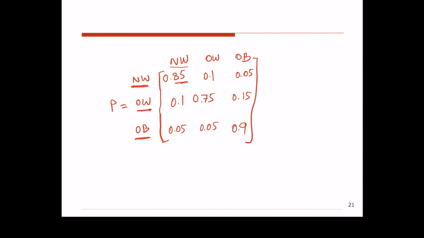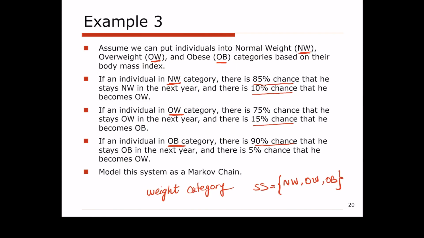Again, I got this number based on the fact that the sum of the probabilities of each row equals 1. So this becomes the transition probability matrix for this problem. And as you saw, the time step for this problem is a year, because the transition probabilities happen across each year.